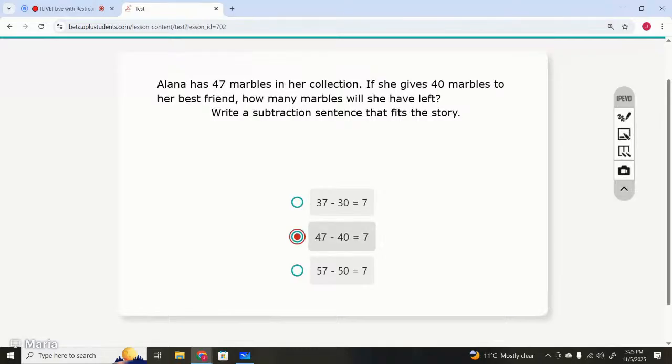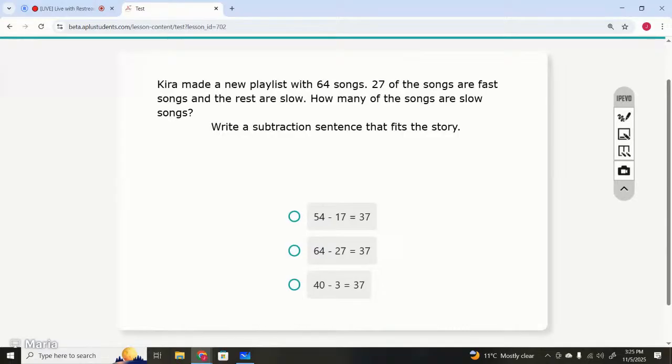That is 47 minus 40 equals 7. Option number 2 is the correct option.